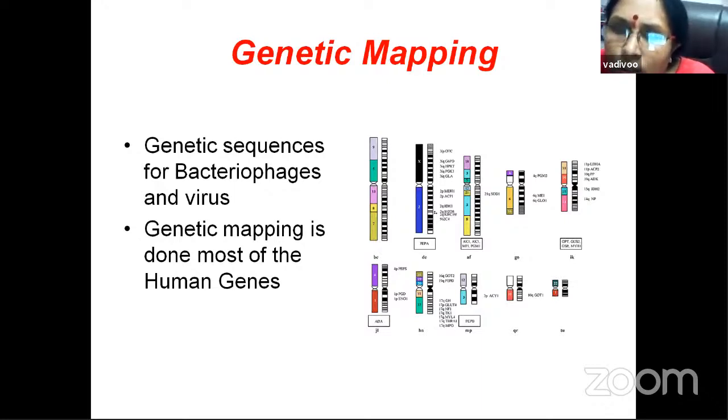Nowadays these are the gold standard techniques. Slowly, I think all the other technology will be replaced by next generation sequencing, which is a confirmatory technique.